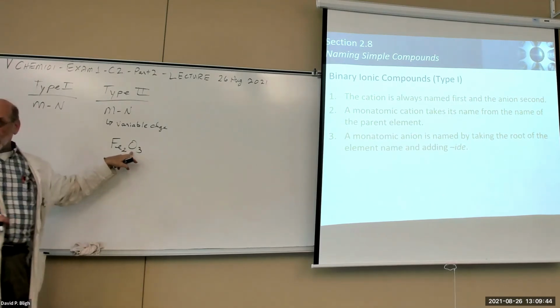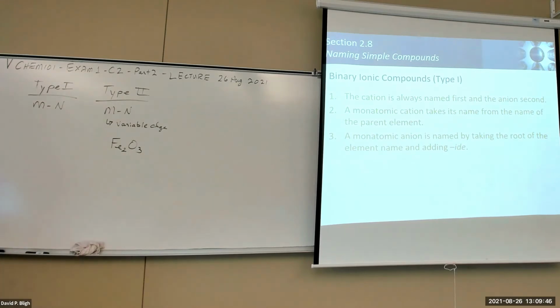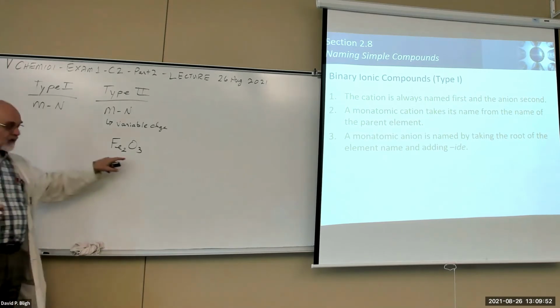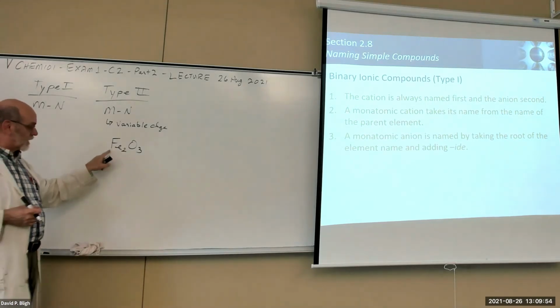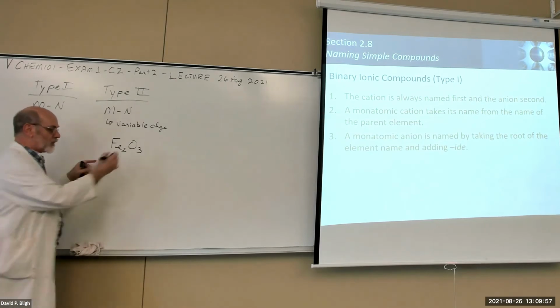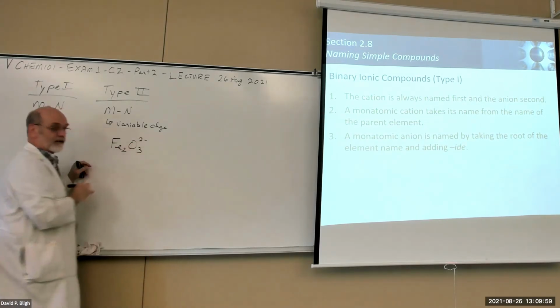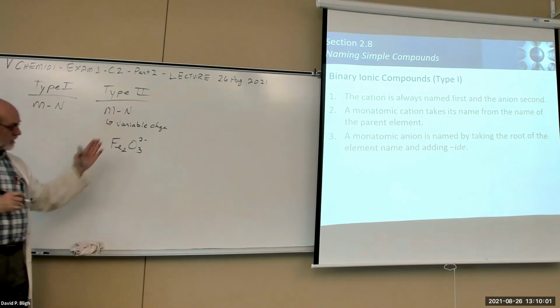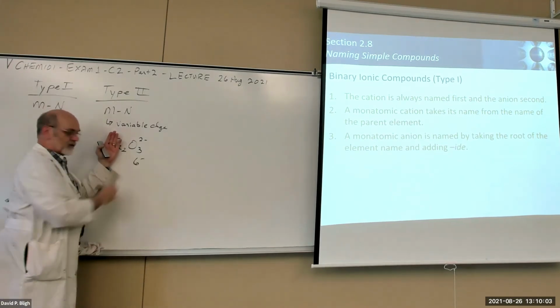We know that the oxygen is a 2- charge because it's of the chalcogens group and it's an ionic compound, metal, non-metal. We know that this one's 2 minus, right? So how many minuses do we have over here? 6 minuses, right?